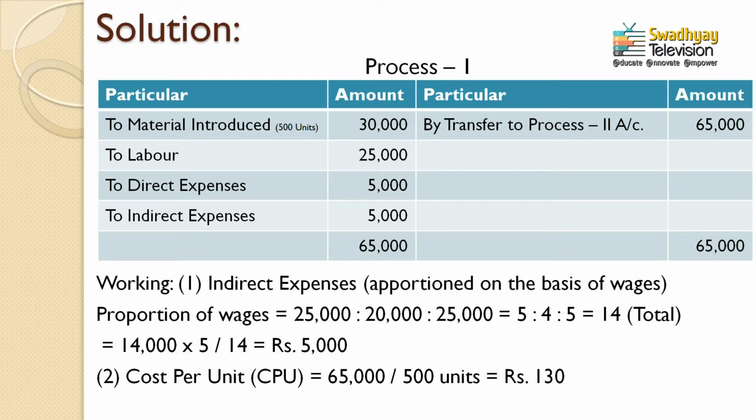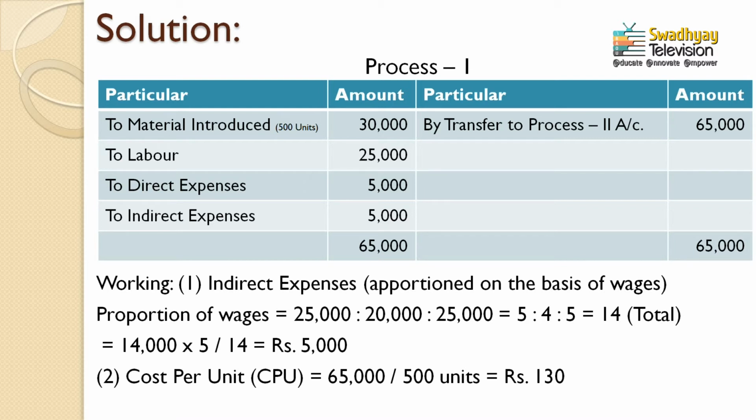So on the credit side of the process 1 account, only the amount which is actually incurred in process 1 will be transferred into the process 2 account. If you remember in the theory, we clearly discussed that at the end of process 1, whatever the finished part and finished goods received is a raw material for the next process.